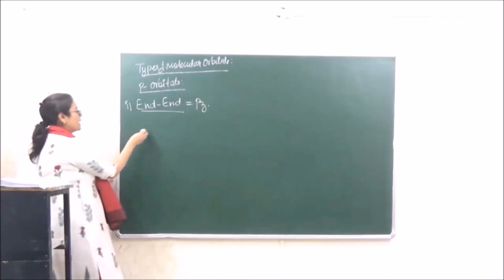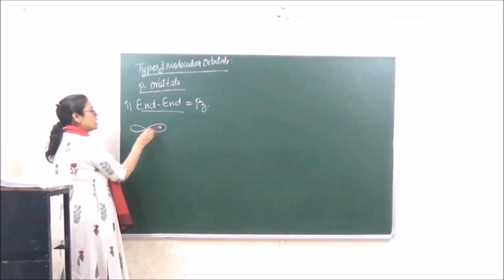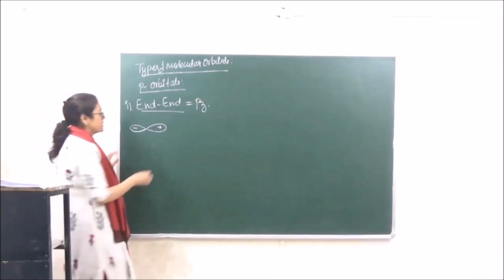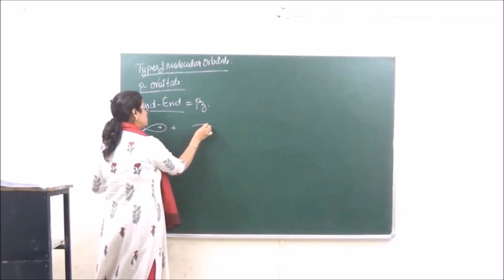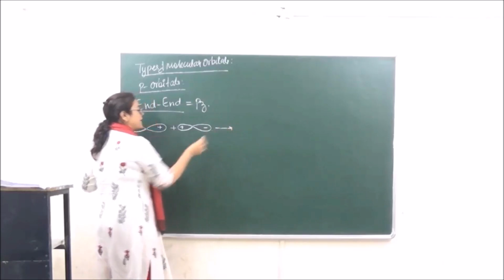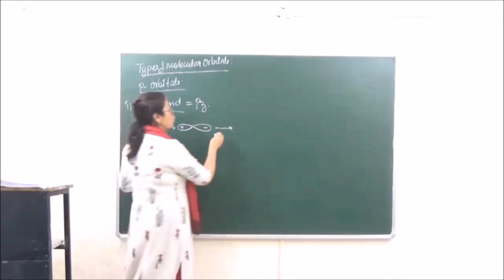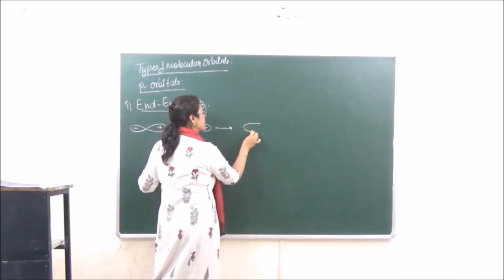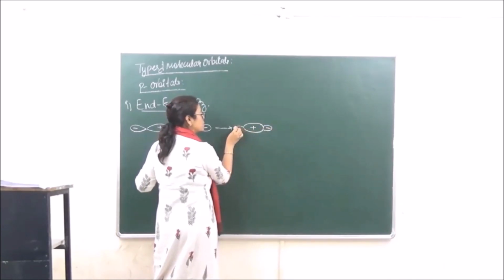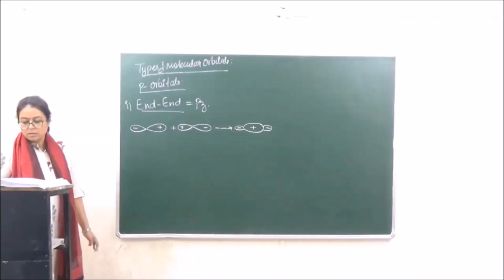So end-to-end overlap में, in case of p, we have positive charge in one lobe and the negative charge in one lobe. If addition is taking place, positive here and negative here, okay, then in that case the kind of overlap which we are going to get, this is the molecular orbital which is going to be formed, right?